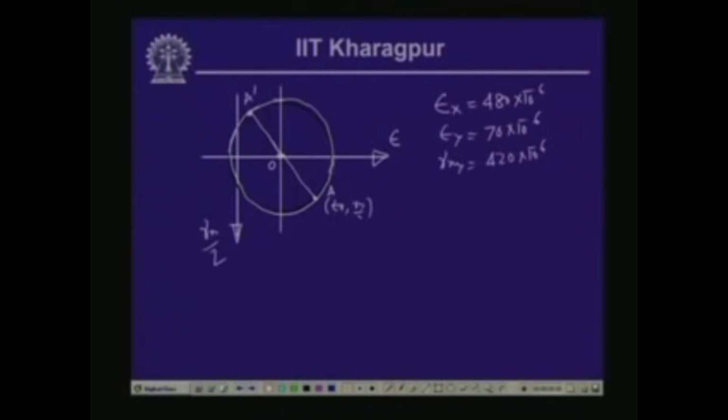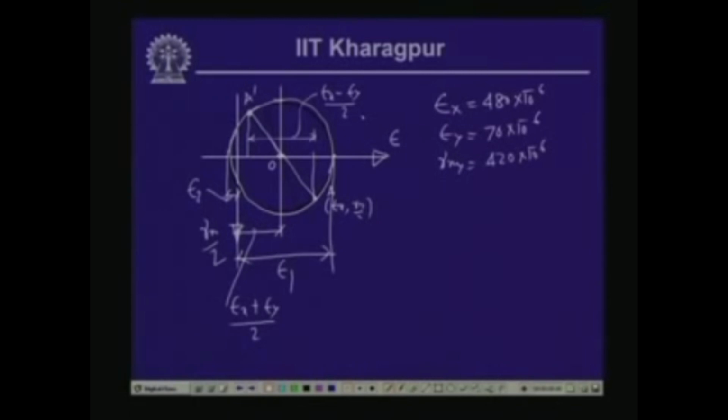Now, this particular point indicates the value of the maximum strain, which is the principal strain epsilon 1. This strain is the minimum normal strain, which we call epsilon 2. As we have seen, the distance of the center from the origin is equal to epsilon x plus epsilon y by 2, and the distance between these 2 points, A dash, as we have seen earlier, is epsilon x minus epsilon y by 2.